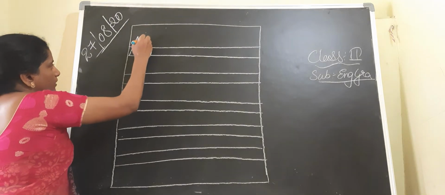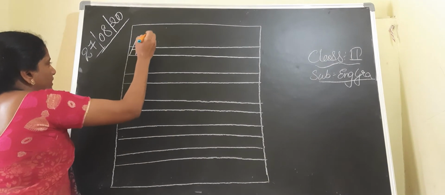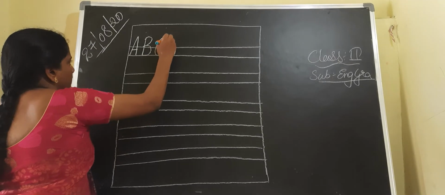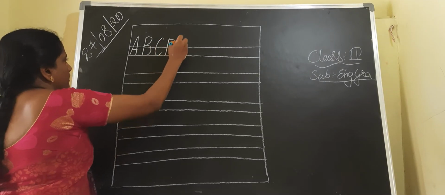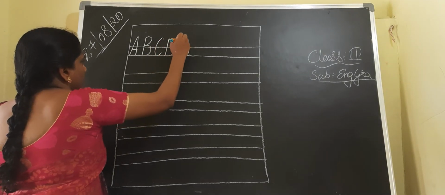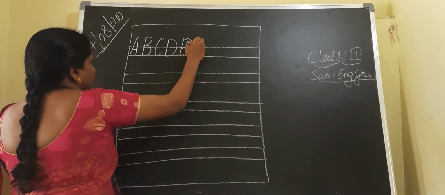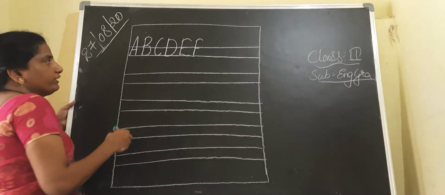A, B, C, D, E. See, if you observe, all the capitals are a little bit above the line.